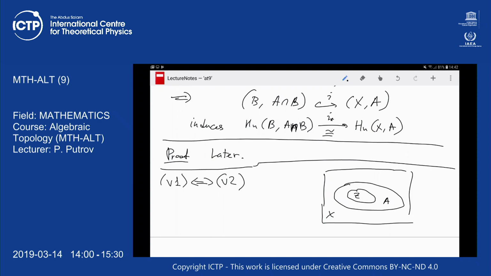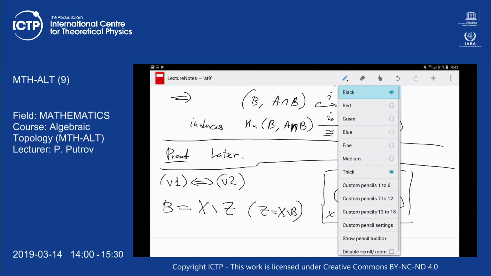And this is done by just identifying B, the subspace that appeared in version 2, with X minus Z. Or equivalently, if you want to go from version 2 to version 1, we say that Z is X minus B.